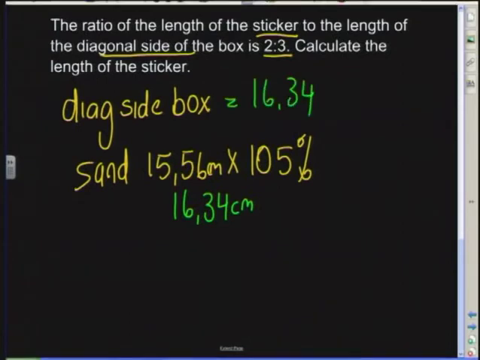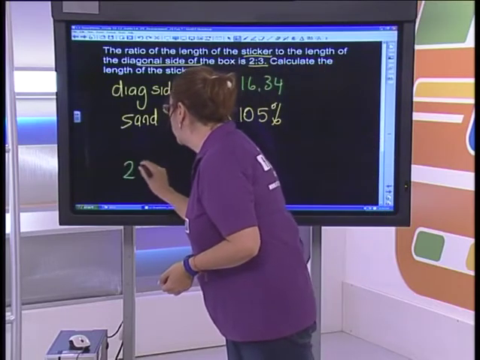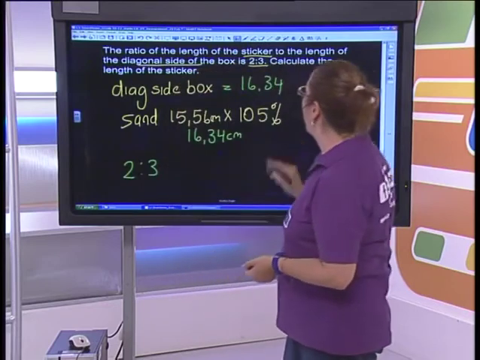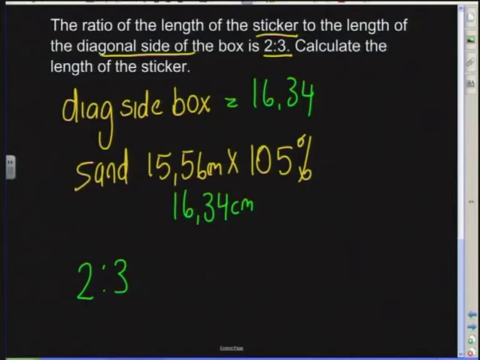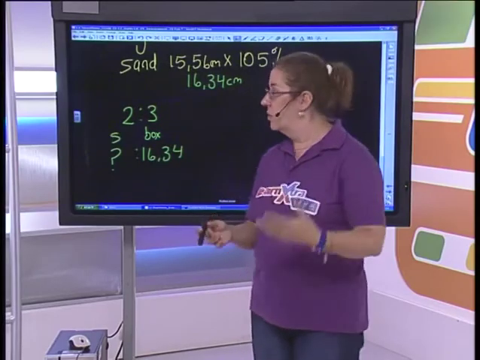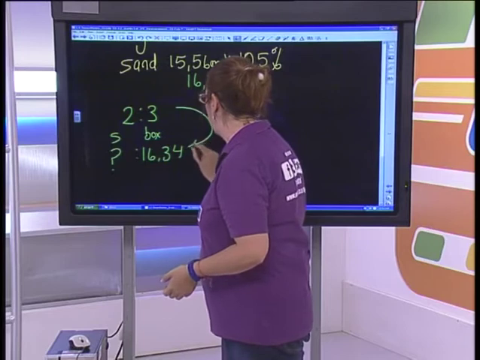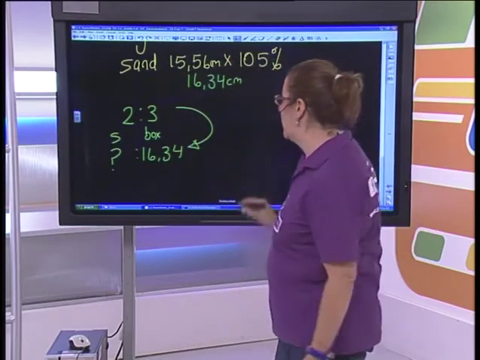Now it tells me that my sticker to my box was 2 to 3. And I'm looking at the length of the diagonal side of the box and the sticker. So that's my sticker, that's my box. So then I'm going to fill in my numbers. That is 16,34. And this is what we're looking for, my question mark there. And now it's clearly just a ratio. So when we do a ratio, remember, we work out what do we do from 3 to get 16,34.